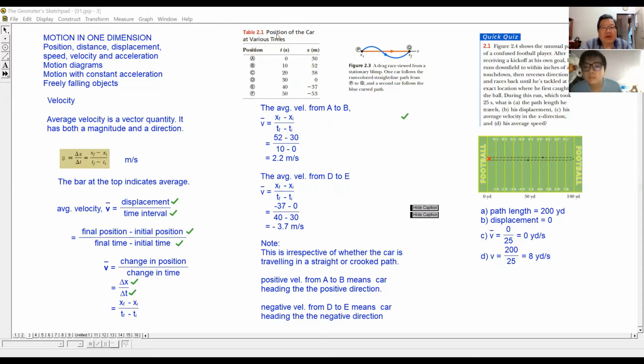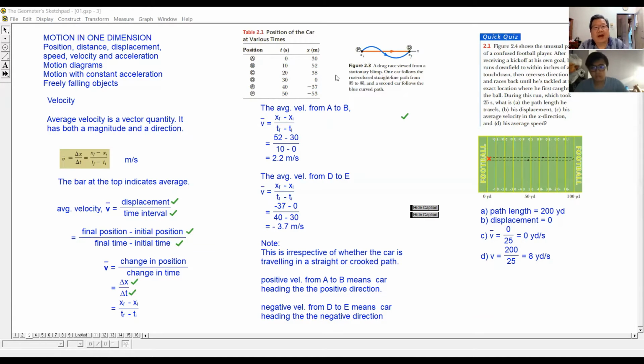Now, table 2.1 shows us the position, the time, and the displacement. At position A, the time is 0 and the displacement is 30. Position B, the time is 10, the displacement is 52 meters.